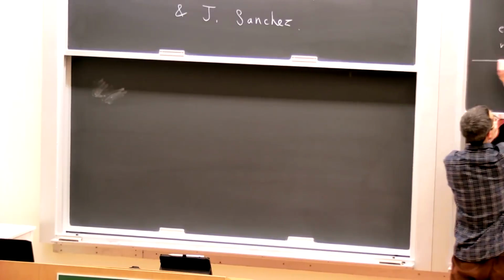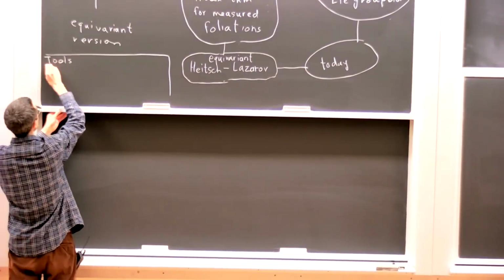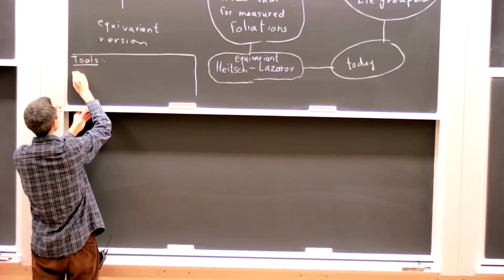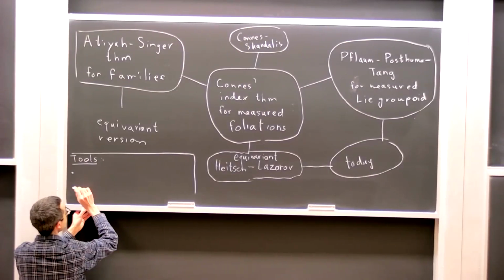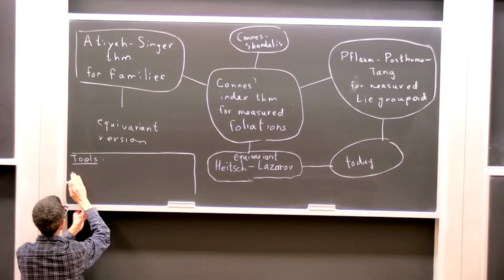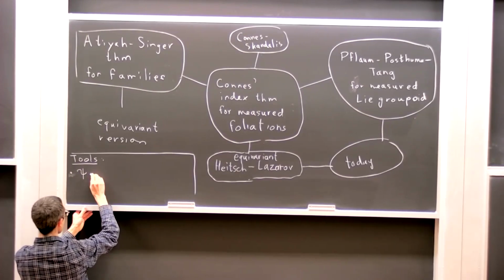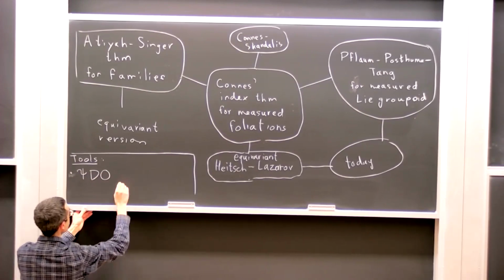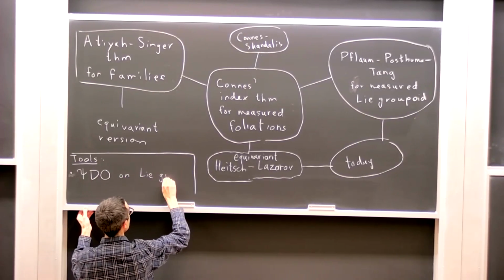There are maybe two other things I wanted to mention. So in terms of the tools that we use, one of the main tools is there's a theory of pseudo-differential operators on Lie groupoids.